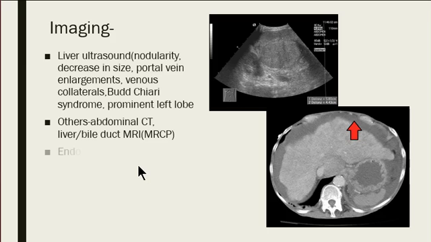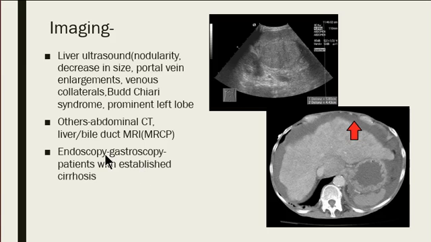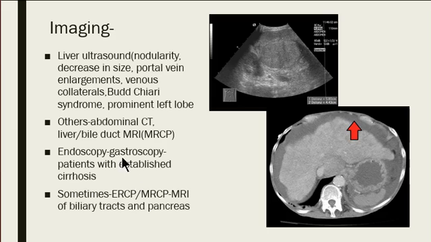Apart from that, we have endoscopy, where we do gastroscopy in patients with established cirrhosis to rule out varices, right? So any patient that we know who has cirrhosis, you have to regularly, every 1 or 2 years, do a gastroscopy to rule out any esophageal or gastric varices, because these are potential sites for bleeding and further complications.